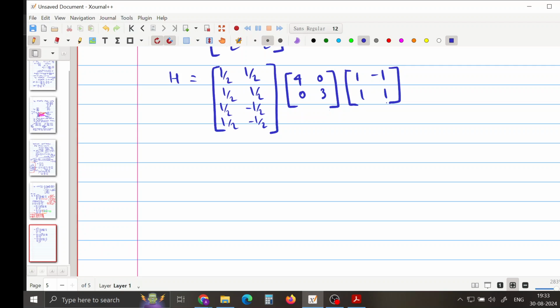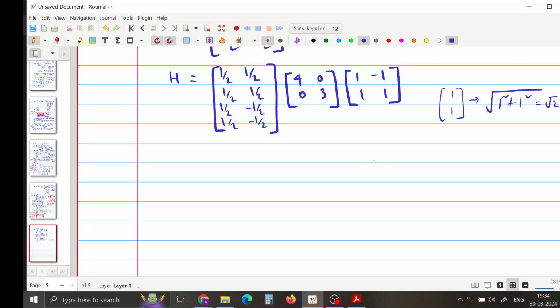You check the columns of the matrix and take their norm. So for this, what is the first column? This 1 1, right? And what is the norm of this 1 1 vector? You simply do square root of 1 square plus 1 square, which is square root 2. So square root 2 is my normalization factor. I have to divide this entire matrix by square root 2.